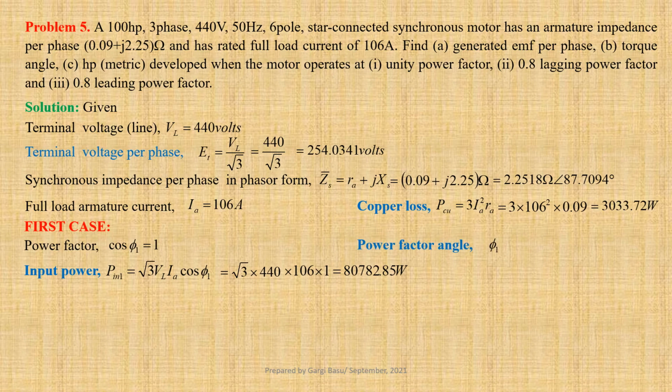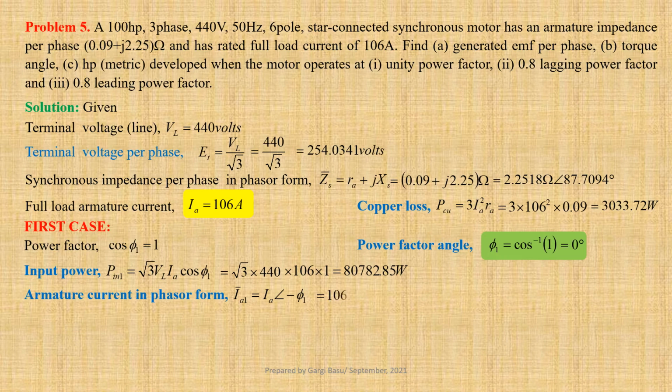Phi 1 equals cos inverse 1, that is equal to 0 degree. Armature current may be written in phasor form as IA1 equals IA at an angle minus phi 1, that is equal to 106 ampere at an angle 0 degree.